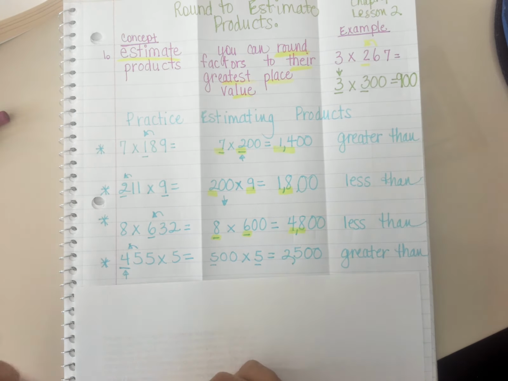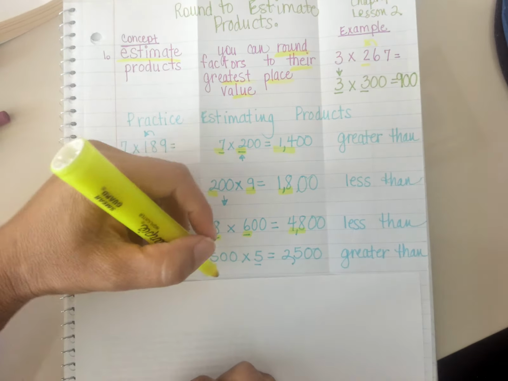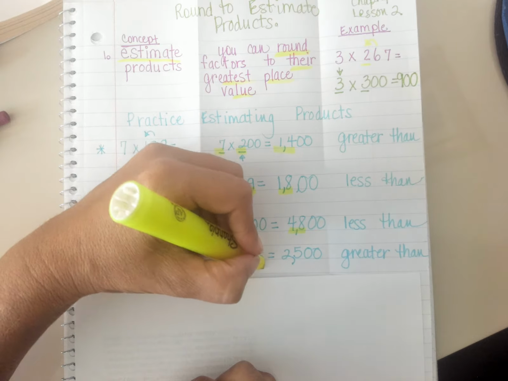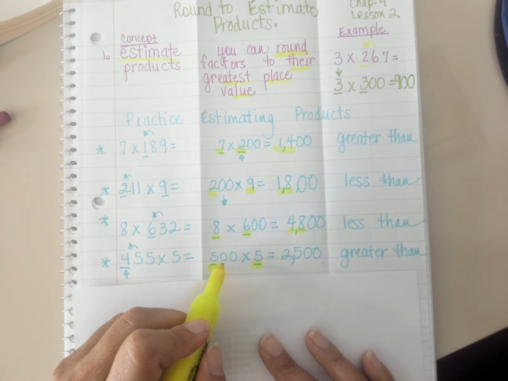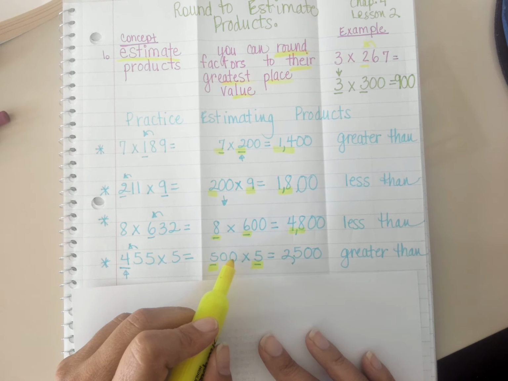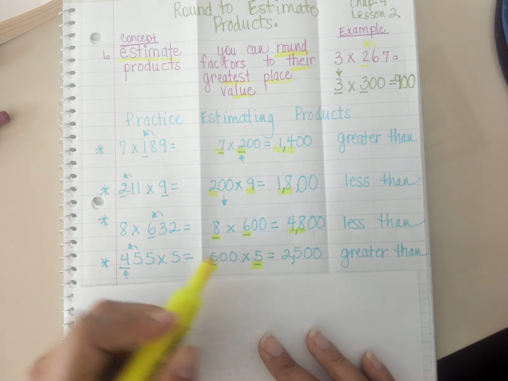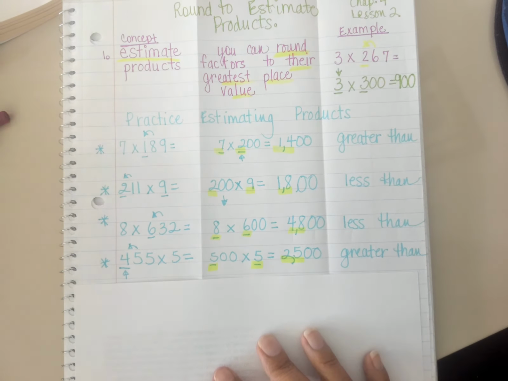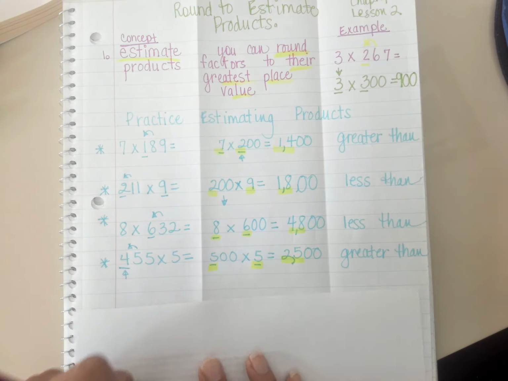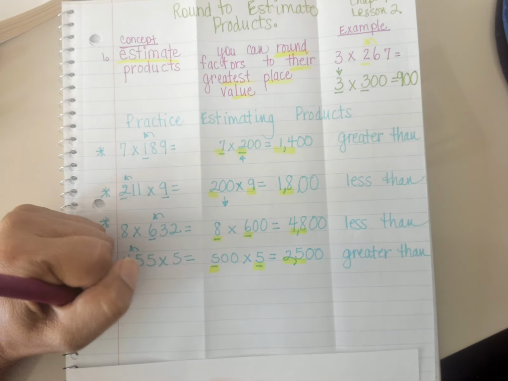Okay, so keep in mind that we are working with the basic facts. Once you round, you have zeros in the tens place, the ones place, depending on the numbers you're working with. So a very important concept here is basic facts.